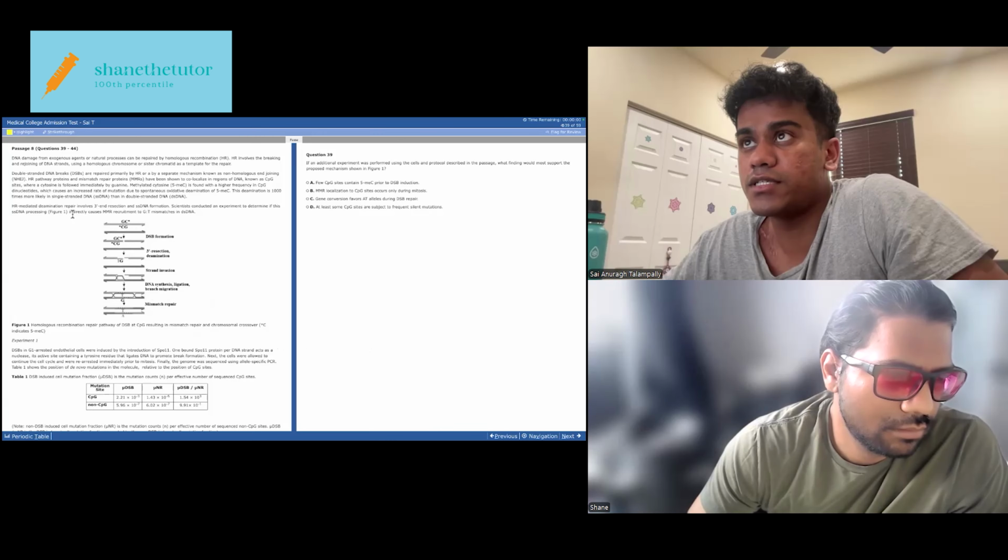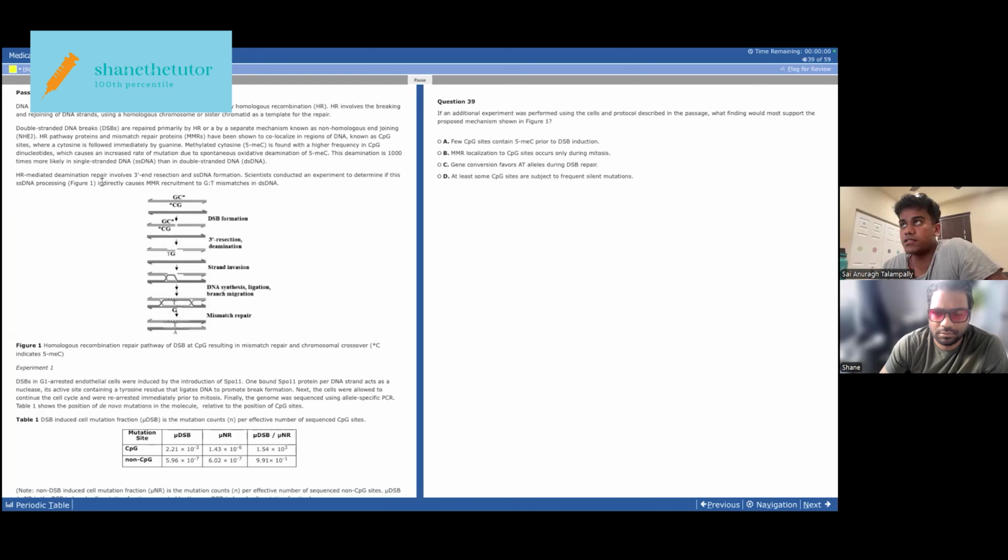Methylated cytosine, 5-MC, is found in higher frequency in CpG dinucleotides, which causes an increased rate of mutation due to spontaneous oxidative deamination of 5-methylated cytosine. This deamination is 1,000 times more likely in single-stranded DNA than in double-stranded DNA. Okay.